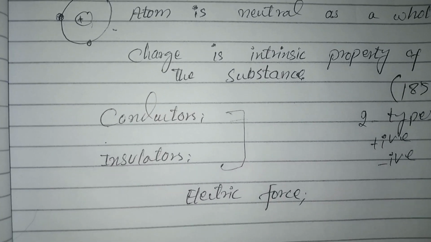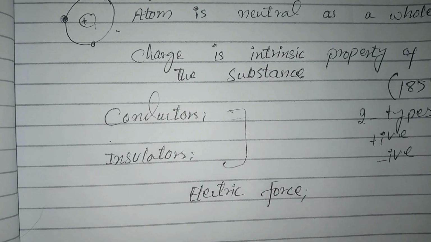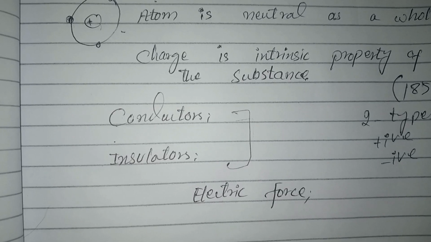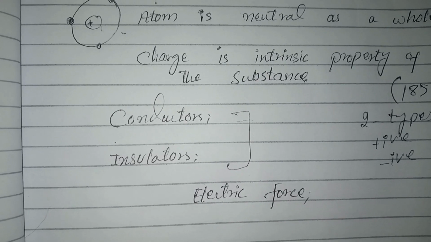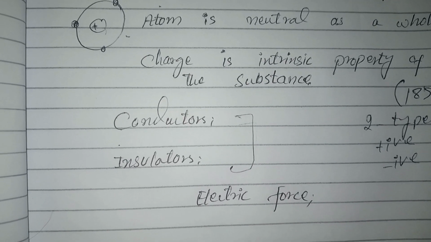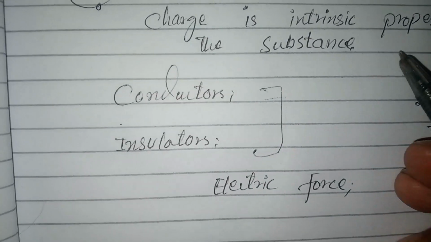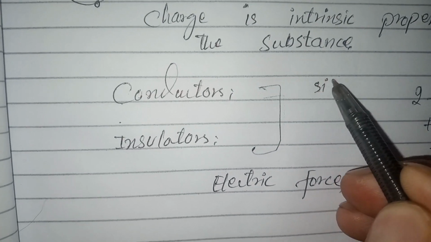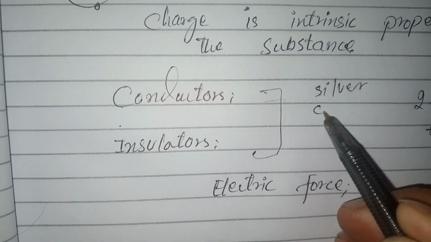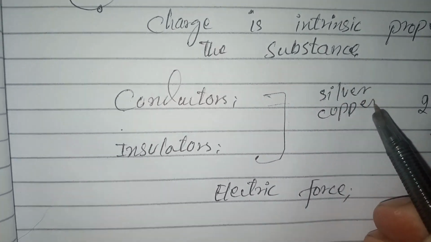So what is a conductor? All those substances which have plenty of free electrons and allow charges to flow through them easily are called conductors. Examples of conductors are silver and copper.